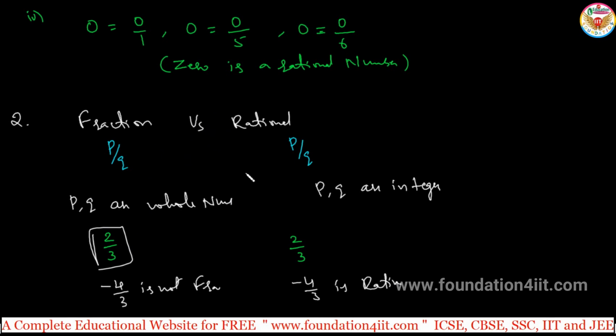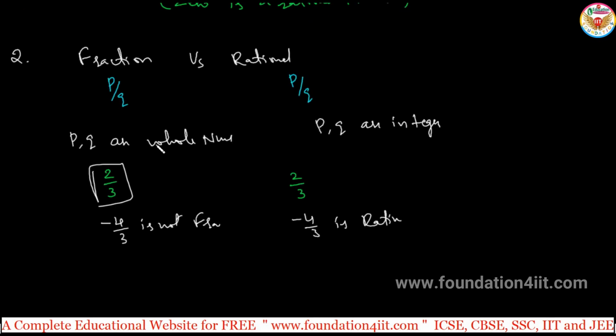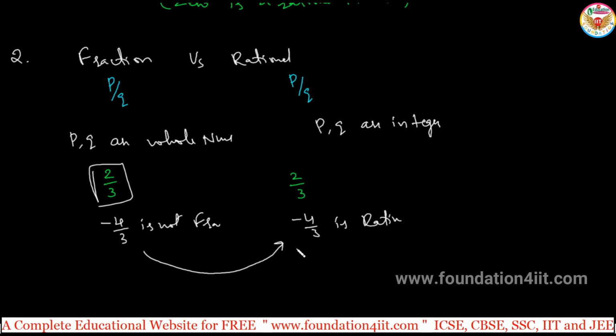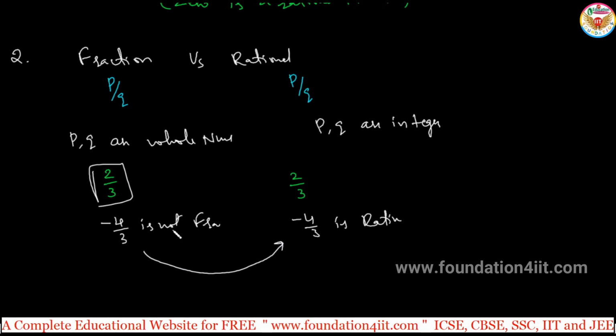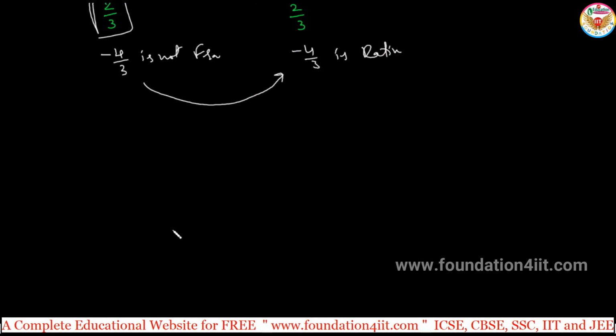For rational numbers, P and Q are integers. So every fraction is obviously a rational number, but every rational number need not be a fraction. So every fraction is a rational number, but the converse is not true. Okay, remember that.